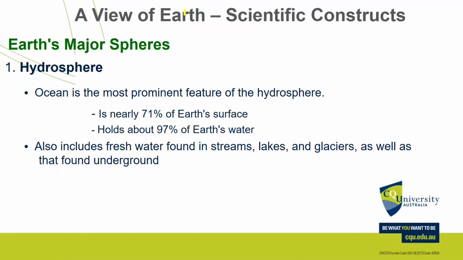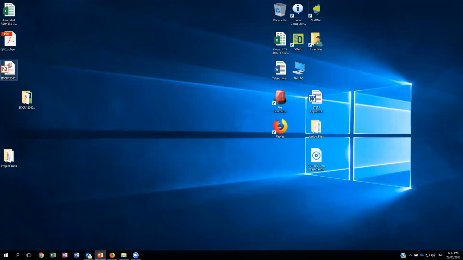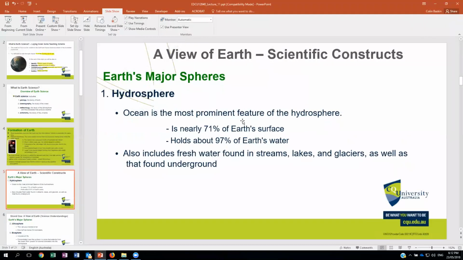just excuse me at this point, I'm just going to make sure I've got the right PowerPoint at this stage. Just minimize that and check and make sure I've opened the right version again. Okay, I have.